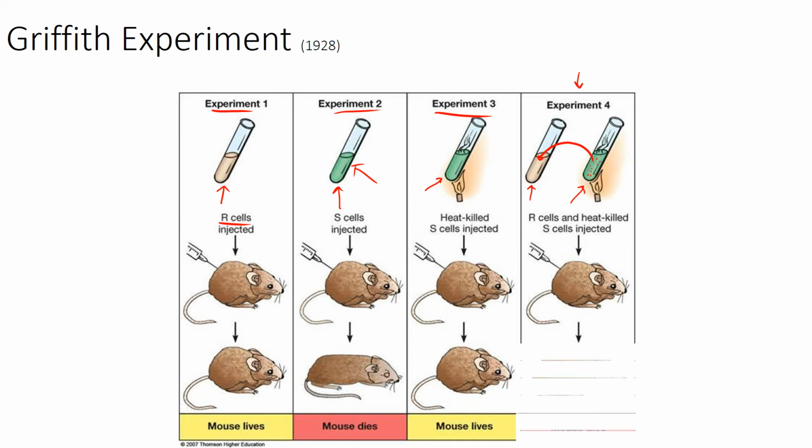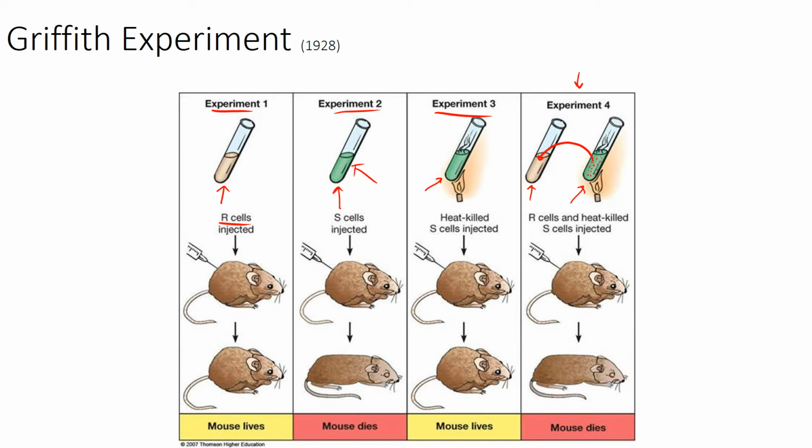However, what happens is that the mice die, okay? According to this picture, it looks like they're kind of just sleeping, but they die. So what the researchers found was that there is some chemical that, when we break apart these deadly cells, is getting into the safe, non-deadly cells and giving them the trait of being deadly.